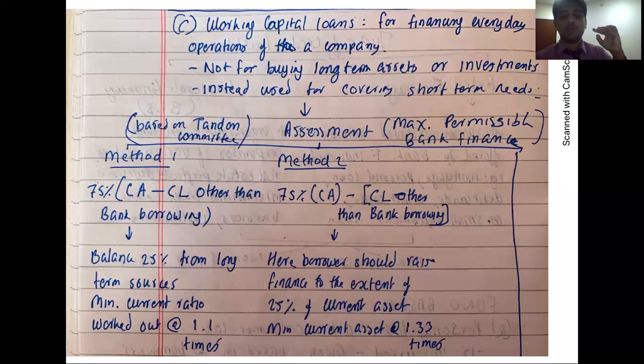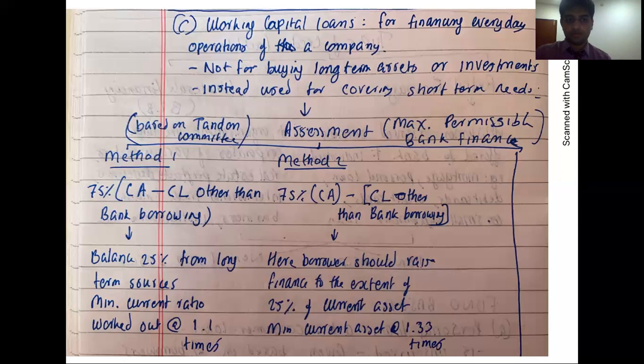So we should ensure that there is proper current asset in the books, and on that current asset only we will fund 75%. So 25% of current asset should be contributed by the promoter. Here the borrower should raise finance to meet 25% of current asset. As per this formula, the minimum current ratio will be, sorry, it was wrongly mentioned earlier, 1.33 times.